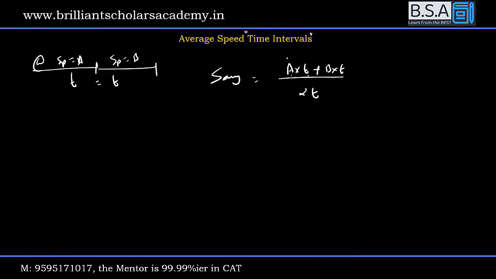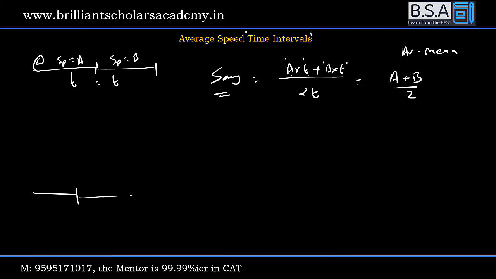Speed into time is the distance of the first part. Speed into time is the distance of the second part. So t is cancelled out. This way of writing is called arithmetic mean or the general average. Speed average is A plus B upon 2.